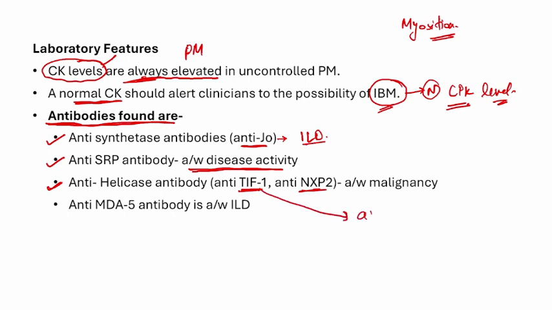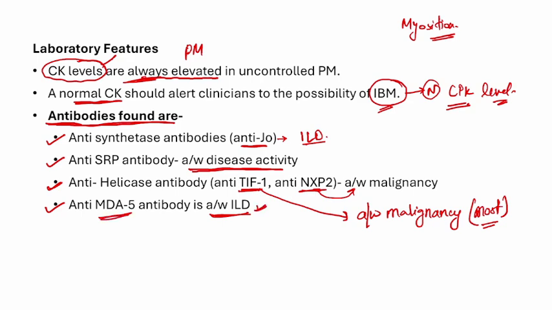Anti-TIF1 is associated with malignancy most often. The strongest correlation with CA is with anti-TIF1 antibody, though anti-NXP2 is also associated with malignancy, but more important is anti-TIF1. Anti-MDA5 antibody is associated with ILD. If anti-MDA5 is present, the risk of ILD is higher. In anti-synthetase, anti-Jo is also associated with high risk of ILD.